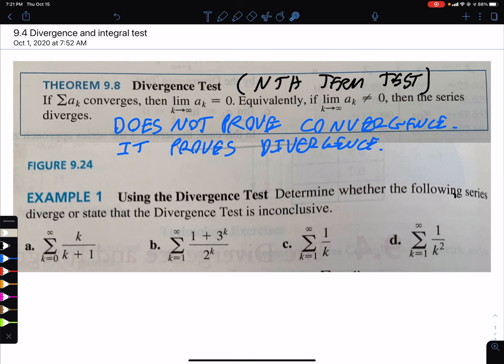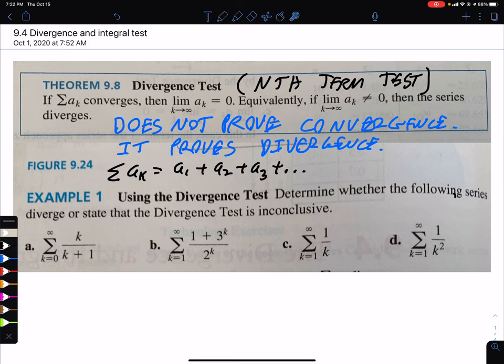Now, here's the equivalent statement. If the terms do not approach zero, then the series diverges. That's the one that you will use this for. If the terms do not approach zero, the series will diverge. That should make sense, because in an infinite series you're adding a bunch of things up.